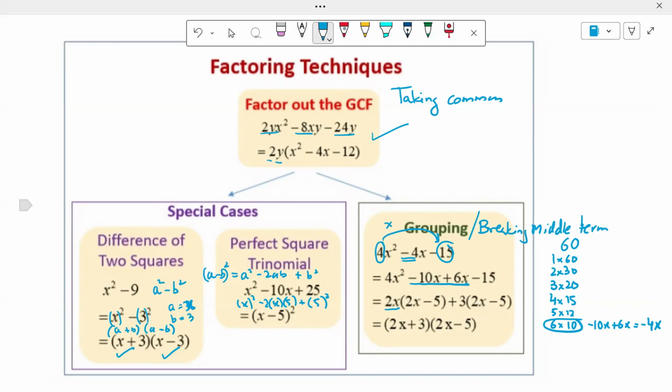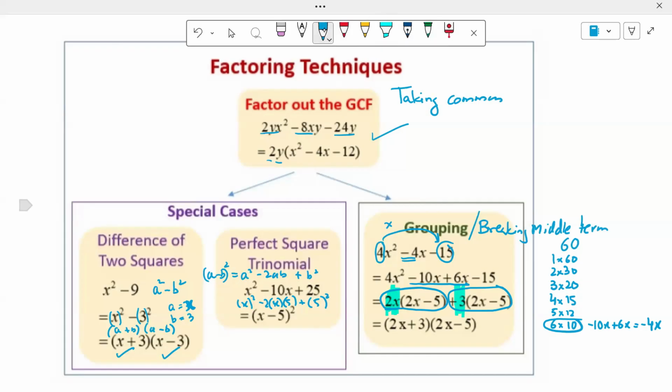Now basically there are two terms. If we check, the bracket 2x minus 5 is common in both of them. So we have taken 2x minus 5 once and we are left with 2x plus 3. That is how 2x plus 3 comes in our first bracket.